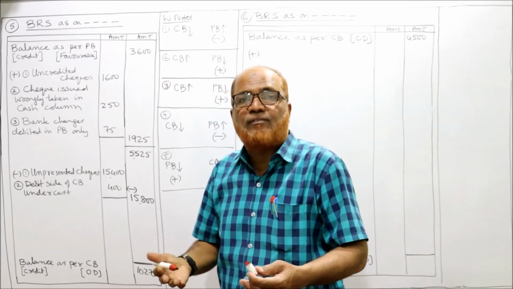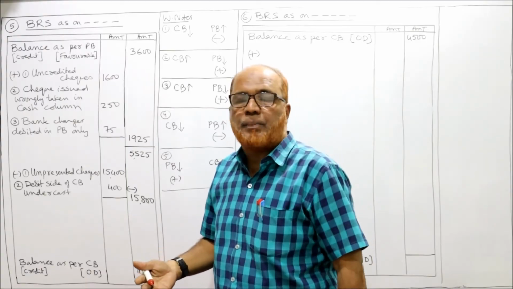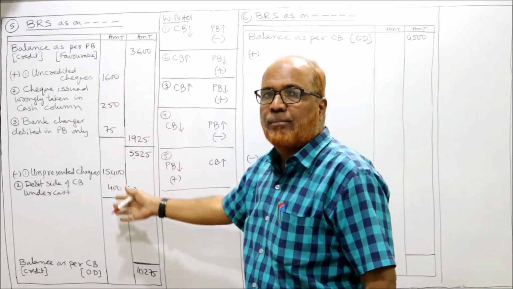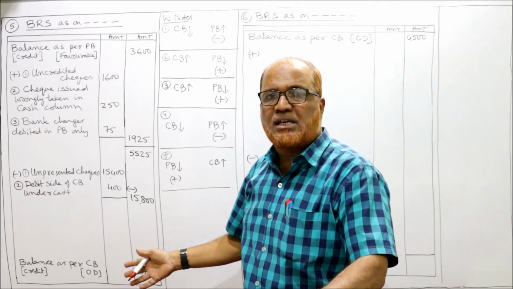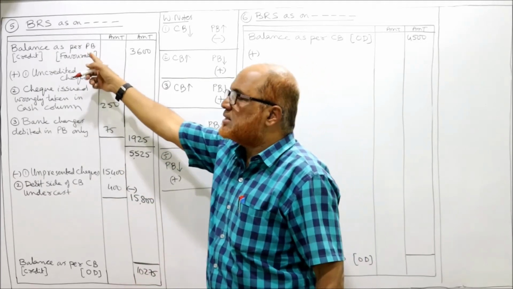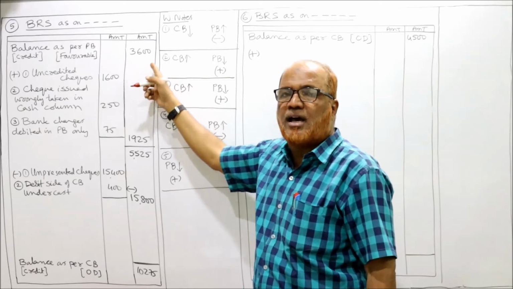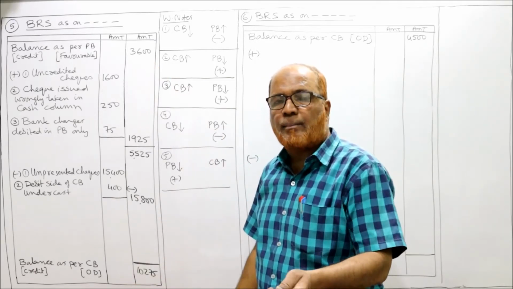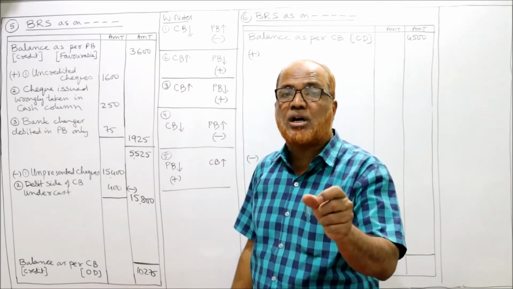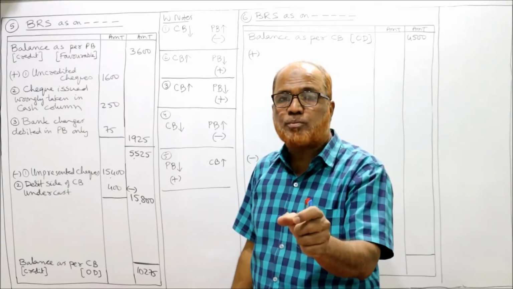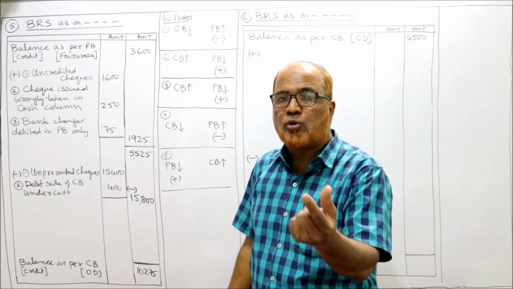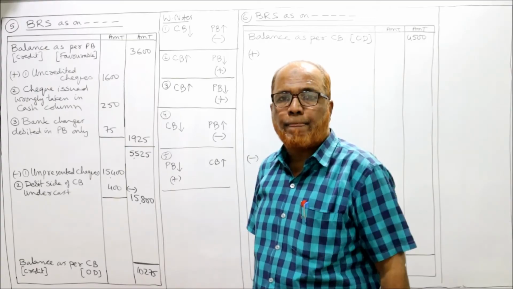We are required to confirm it by preparing a BRS. So we have confirmed. In the problem it is given that bank balance as per passbook favorable, credit balance is 3,600. And this is also given, bank balance as per cash book credit balance. Cash book credit means unfavorable.